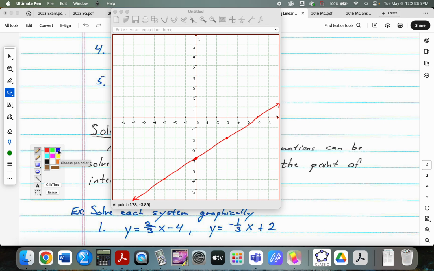And then for our second one, the y-intercept is +2. The slope is -1/3. All right, so once it runs into the other one, I'm happy now because it had that point.